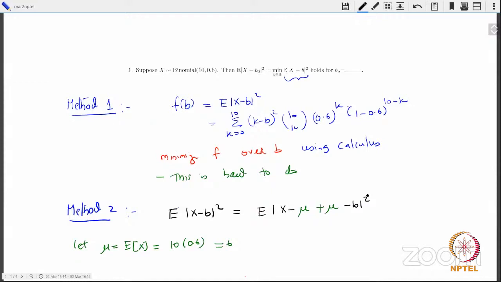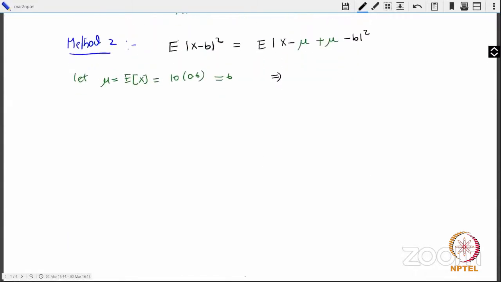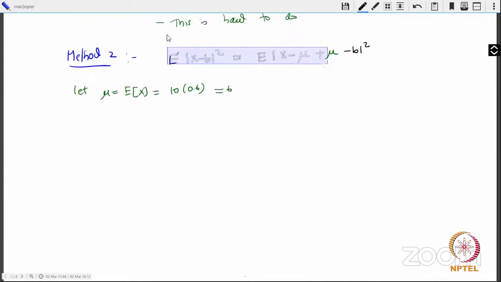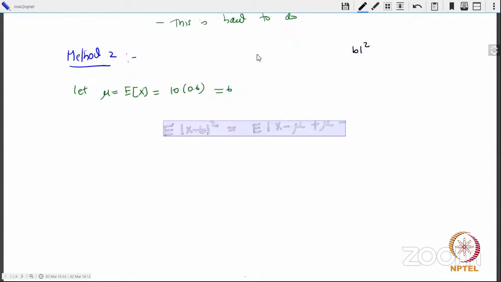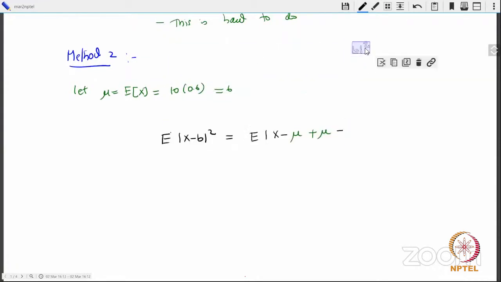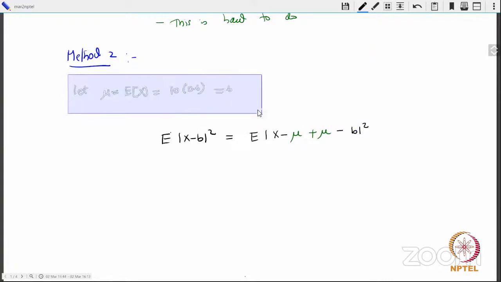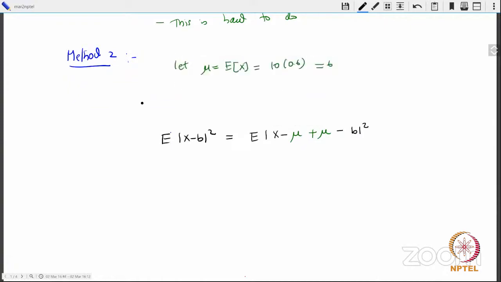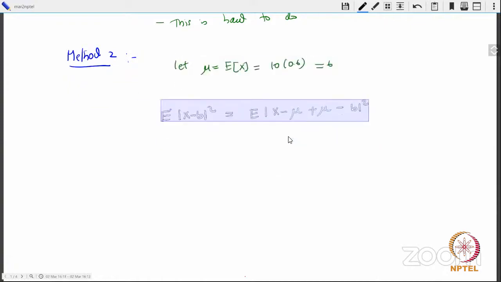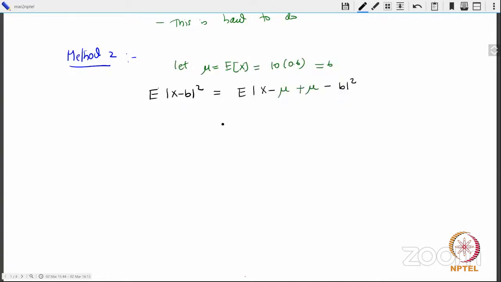So now I just complete the square. I just expand it.